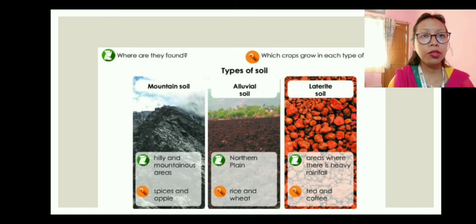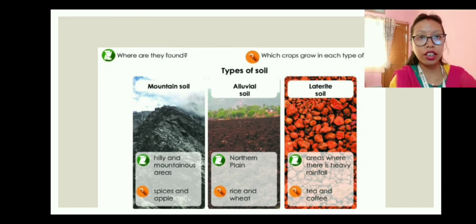Now let us come to the types of soil. Not in India, but that are found in different climatic conditions. And in India, we have 6 types of soil. Remember, in India, we have 6 types of soil. Now, what are they?